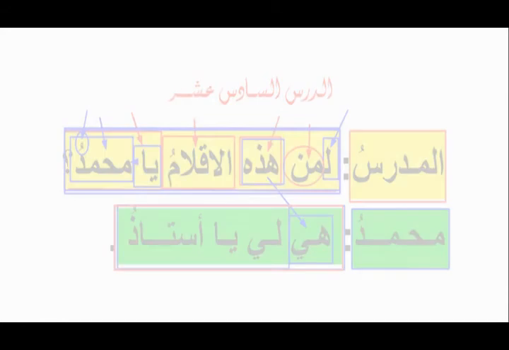Al-Mudarrisu says, Hiya jamilatun jiddan. Now, it would have to be jamilatun, right? Because you have hiya. Continuing, wa hadhihi al-kutubu al-jadidatu ahiya laka.